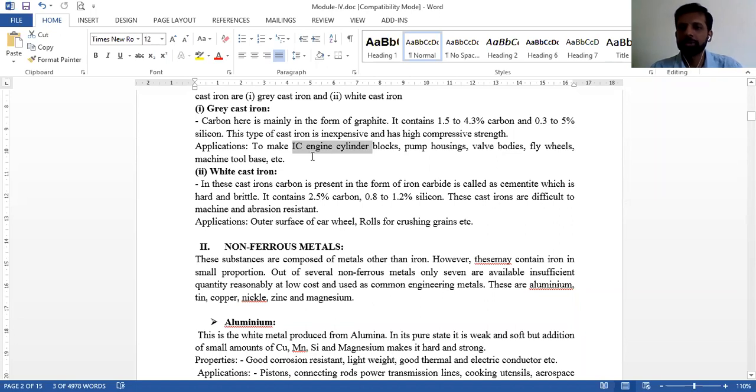But due to technology advancements in two-wheelers and all those things, they've replaced this with aluminium alloys. We'll see that later on. But previously all the engines were made of cast iron only.